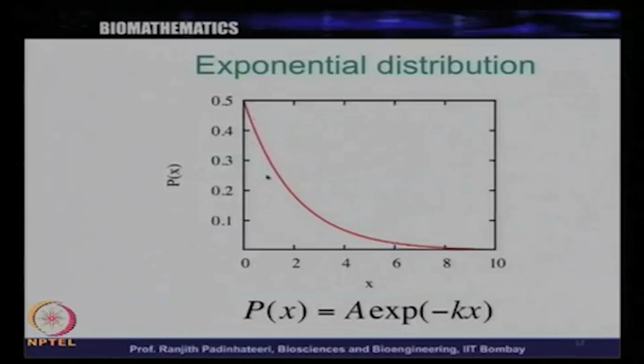So, the length of microtubules during dynamic instability will have an exponential distribution. That means you are likely to find small microtubules more than very long microtubules.